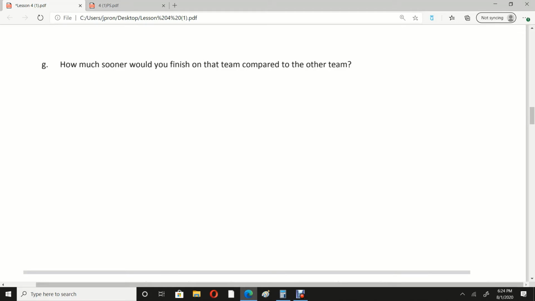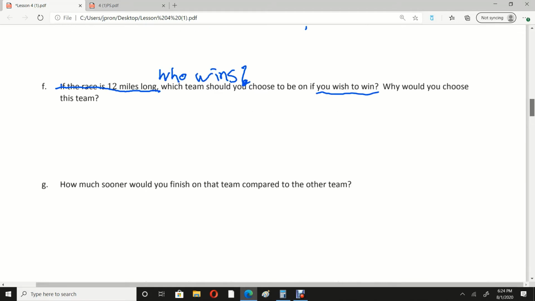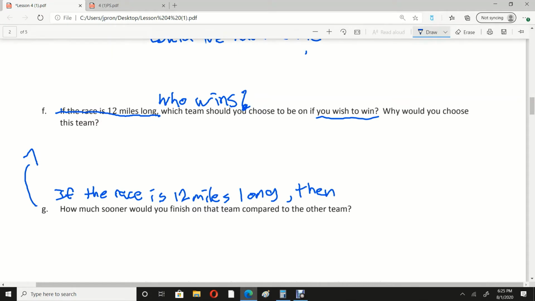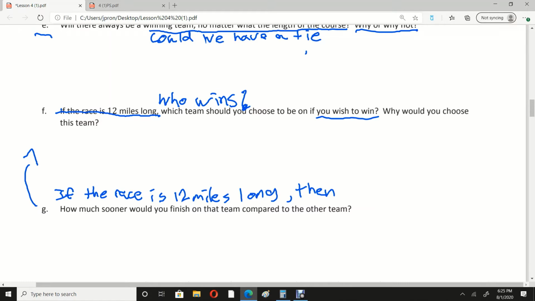So again, we're going back to the last question with G. So with question G, go back to F. If the race is 12 miles long, then how much sooner would you finish on the winning team than the other team? So how much would you win by if the race was 12 miles?